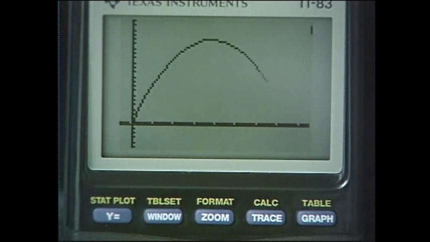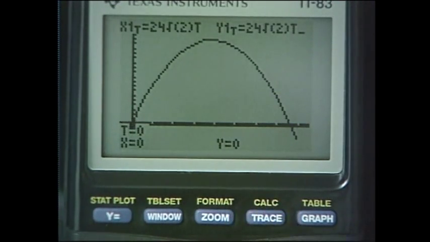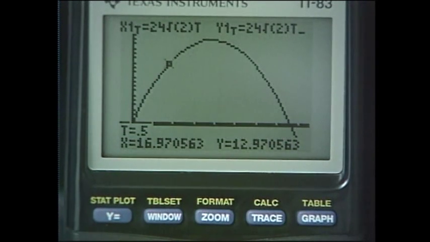Here's the graph, and I'll press Trace. The 2 parametric equations are listed at the top of the display, but the most important thing is at the bottom. As I cursor to the right, all 3 of these variables are changing. Let's interpret what we have at this point for t equals 0.5. A time of 0.5 means a time of half a second.